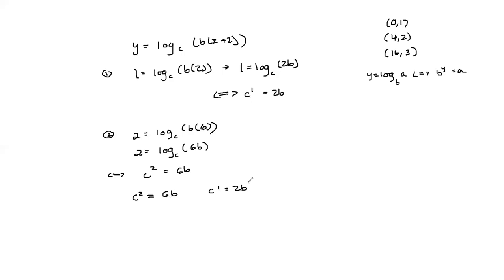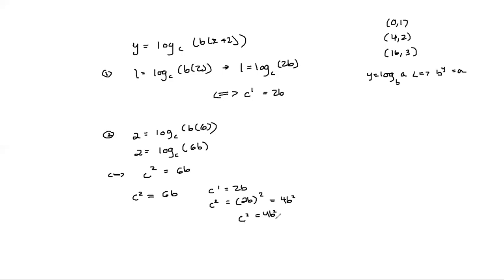Now if I take the first equation and square all of it, c to the power 2 is equal to 4b squared. That would tell me that c squared is equal to 4b squared.